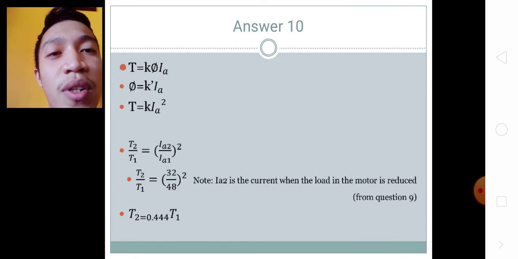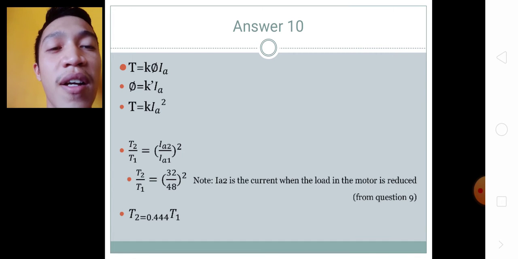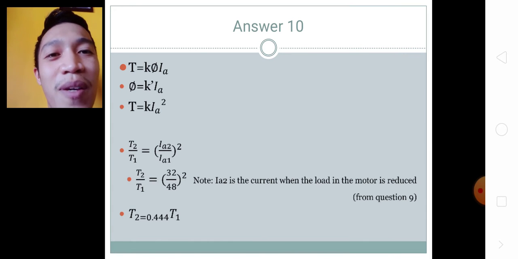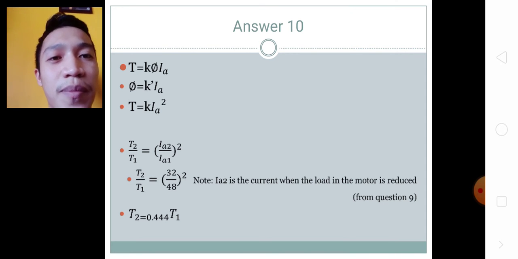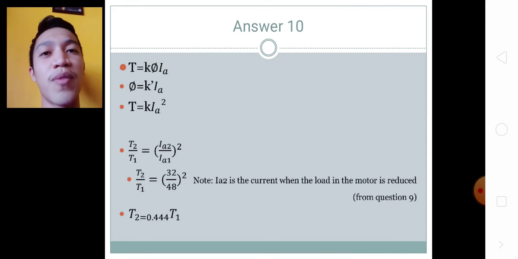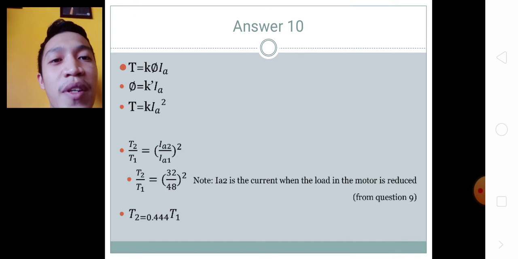We have torque equal to K, or constant, times I squared, since from the flux we have K times I. Now we have the formula T2 over T1 equals IA2 over IA1 squared. Our IA2 is the current when the load on the motor is reduced, from question number 9, that's 32 over 48, the given current.